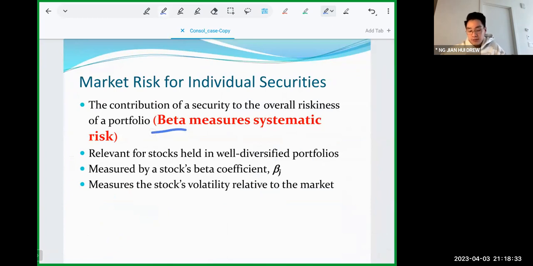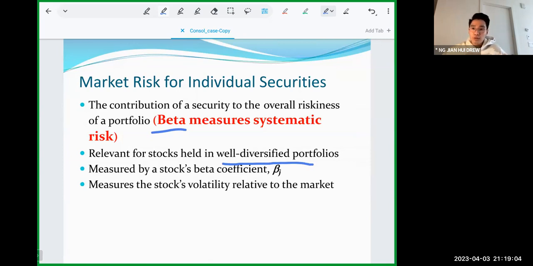And of course, whenever we measure beta, it has to be in a diversified portfolio, meaning the unsystematic component is all gone, all diversified away. And the beta basically measures the systematic risk, which is the kind of risk like GDP, inflation, those things that affect the market, right?